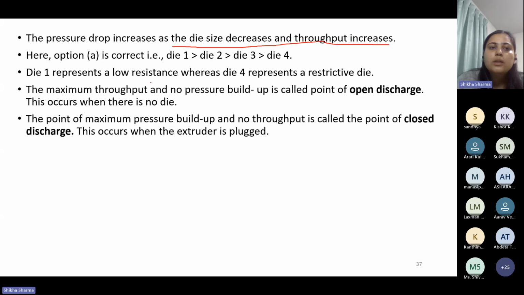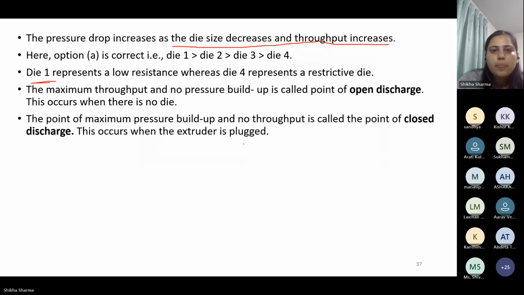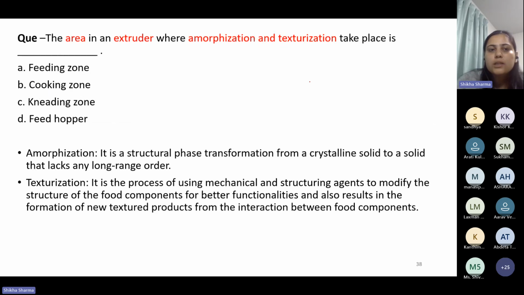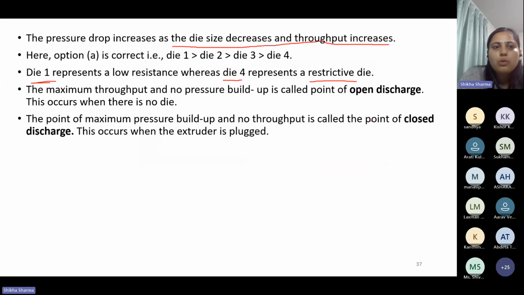Die 1 is low resistance, so the pressure drop is low. If the pressure drop is low, that means the size of the die is more, right? Die 4 is the restrictive die, because its size is very small, it is dropping very high pressure, the pressure gradient is very high. So die 4 is of very small size.